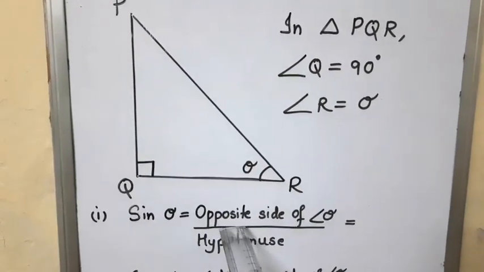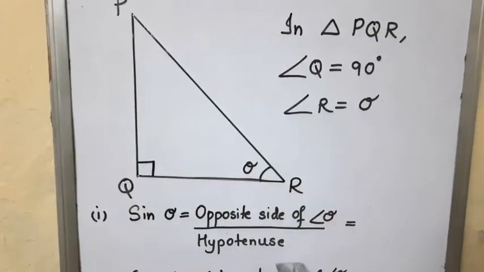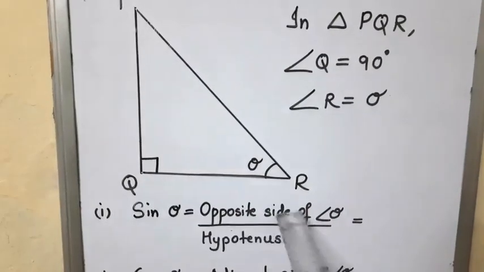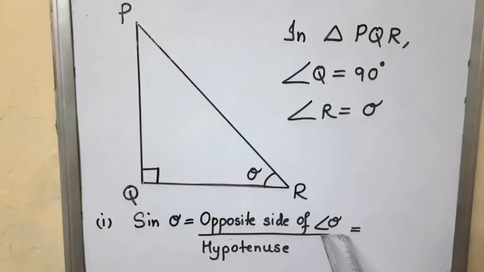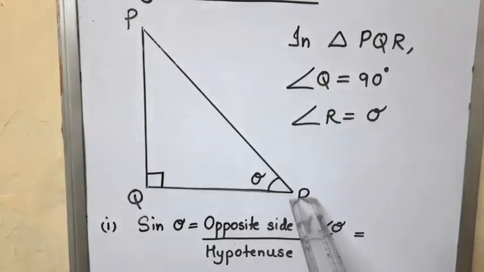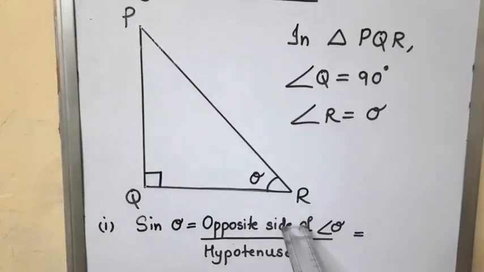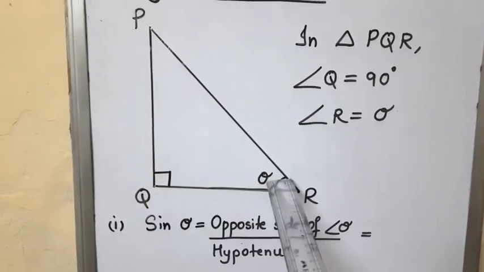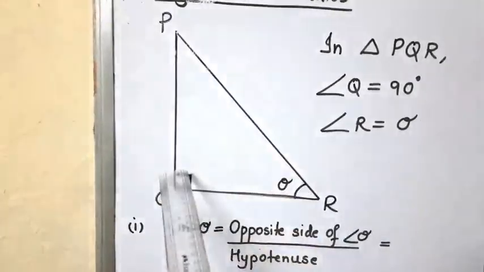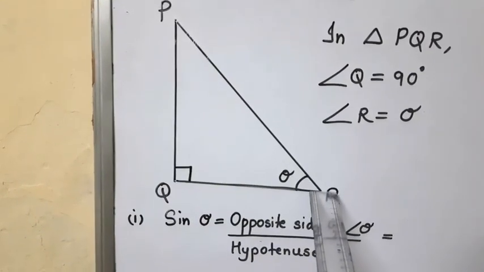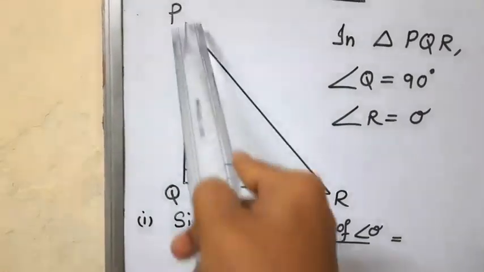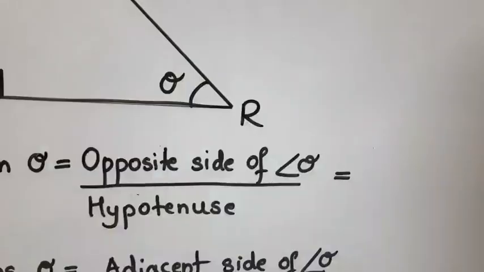Sin theta is equal to opposite side of angle theta upon hypotenuse. Opposite side of angle theta. Now we have to see what is angle theta. Angle theta is angle R. Opposite side of theta, so you have this PQ opposite to this. That means the side opposite to angle theta is PQ.